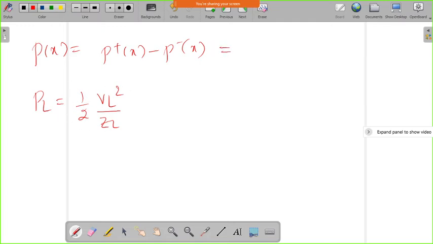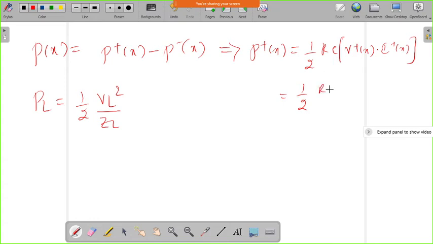Now we can write this in terms of Vx and Ix, taking only the magnitude. P plus of x is equal to half into only the real part of V plus of x into I plus of x. If I take only the real part, we get the magnitude of V naught plus, and I naught plus is nothing but V naught plus by Z naught.